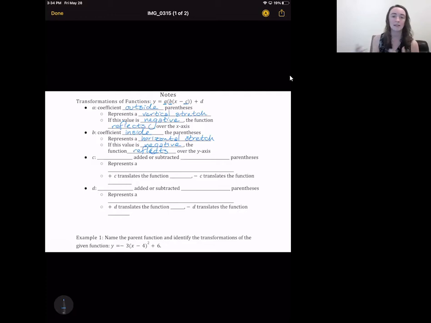C represents this constant that is being added or subtracted. And c is inside or within the parentheses. Now c, this constant, is going to represent a horizontal translation.